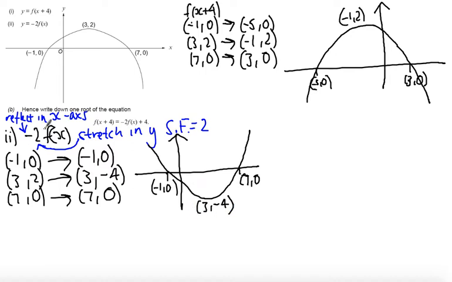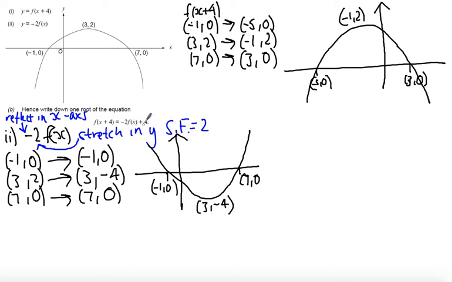Okay, so part B, it says hence write down one root of the equation f of x plus 4 equals -2 f of x plus 4.